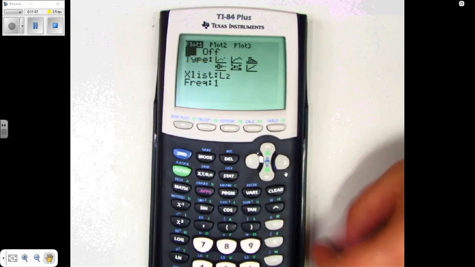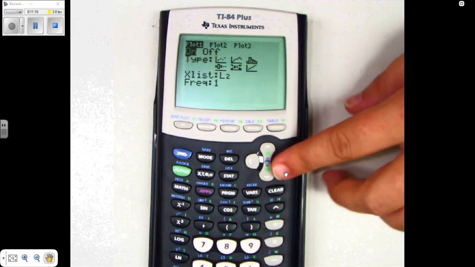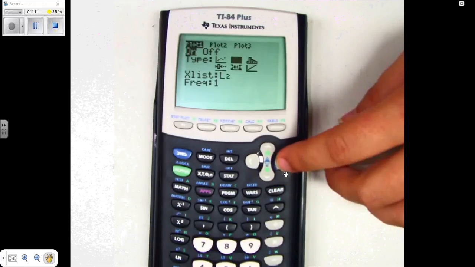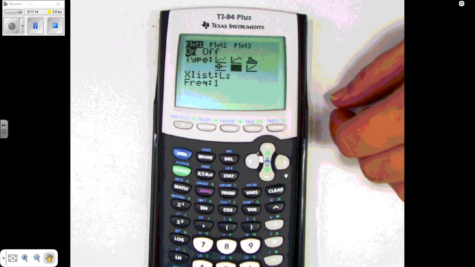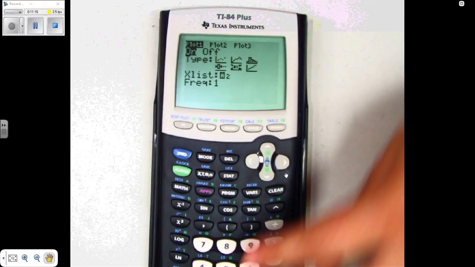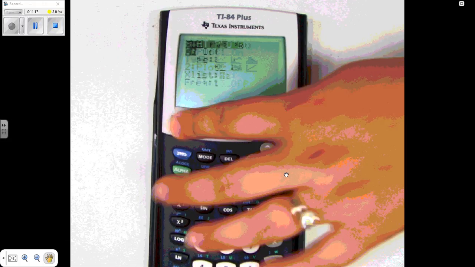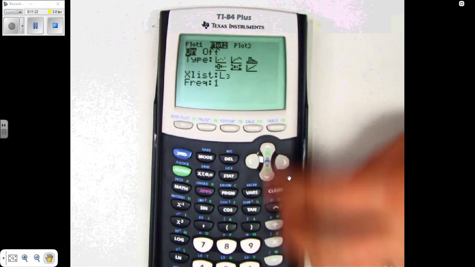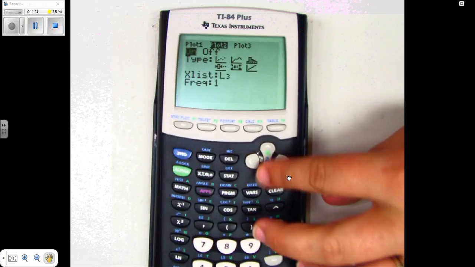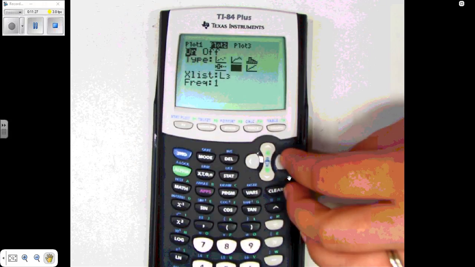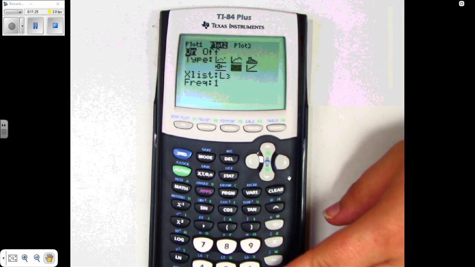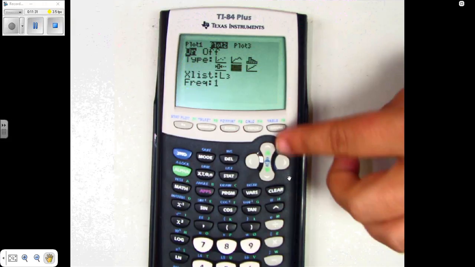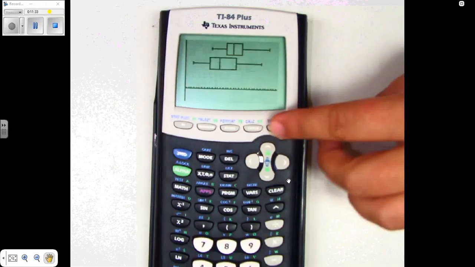In plot 1, it is on, and then I have selected the box and whisker plot using list 2. I also see that my second stat plot is on, and I have selected the box and whisker plot, and I have used list 3. So now I'm going to graph those two side by side.